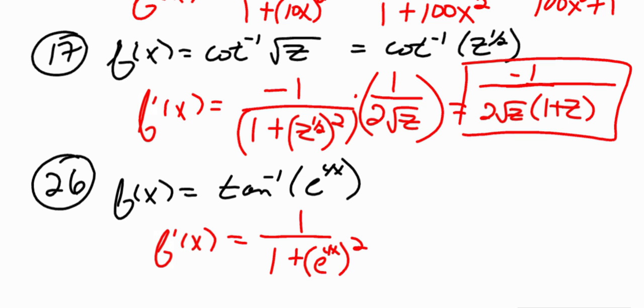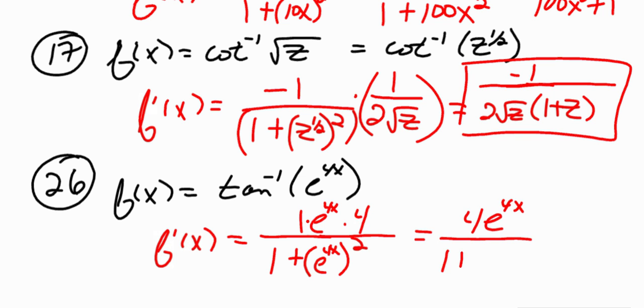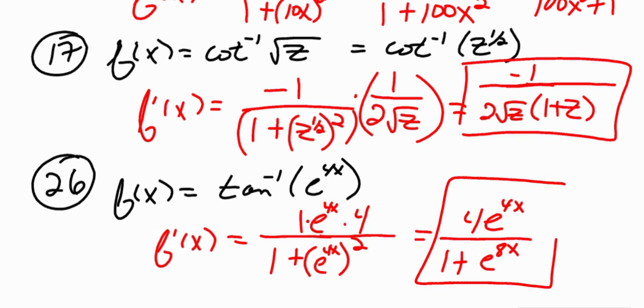Then from here, I have to do the derivative of the inside function, and remember it's not just e to the x. I have to do another chain rule of e's exponent. So I now have 4e to the 4x over 1 plus e to the 8x. And there's our derivative.